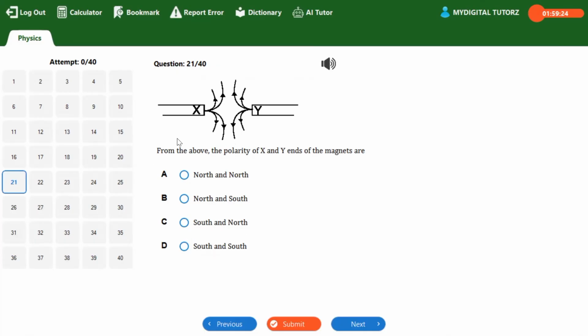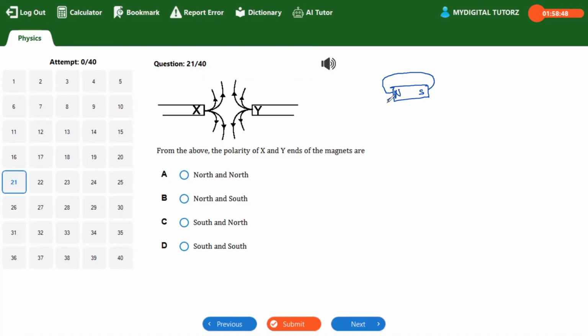For you to answer this type of question, you must familiarize yourself with the polarity of a bar magnet. In a single bar magnet we have north and south, and the magnetic field line always emanates from north and enters through the south.